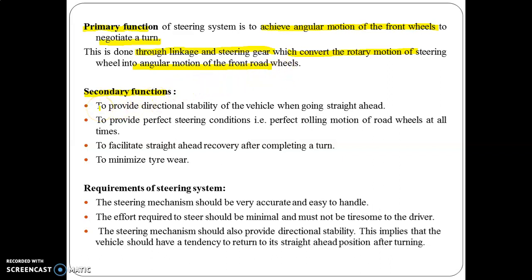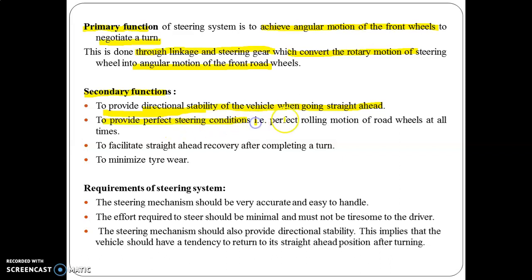Then some of the important secondary functions are also mentioned, that to provide directional stability of a vehicle when going straight ahead. That is also very important, that direction is controlled by the steering system. Then it is to provide the perfect steering conditions. Now why perfect?